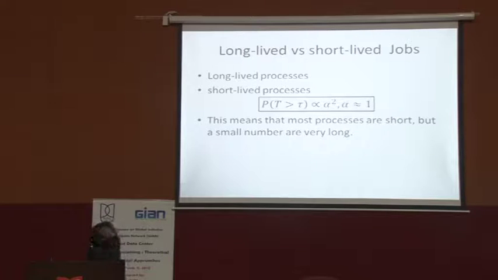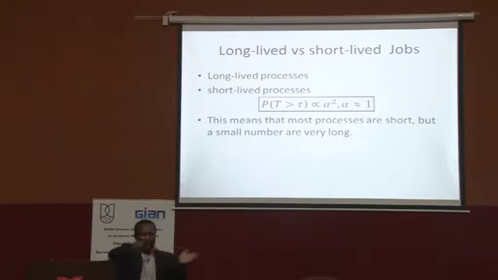Long-lived versus short-lived jobs. Again, this is another important area that we need to look into. What I mean by long-lived tasks are tasks that have maybe small CPU but long waiting for data to come over the network.